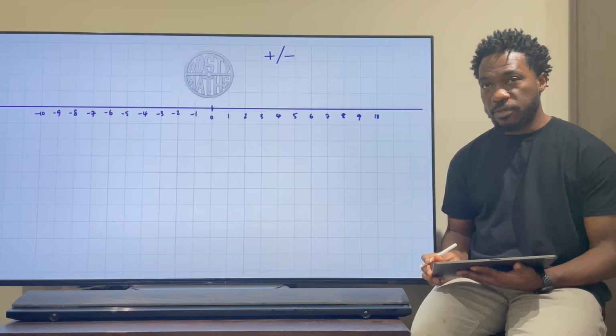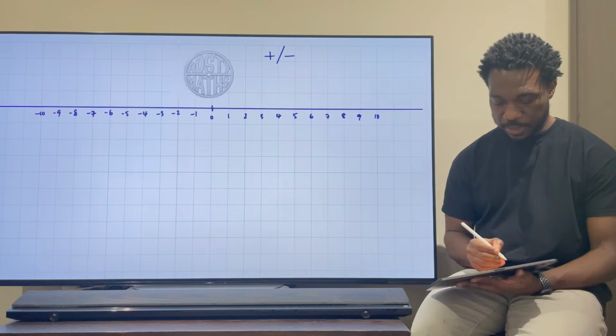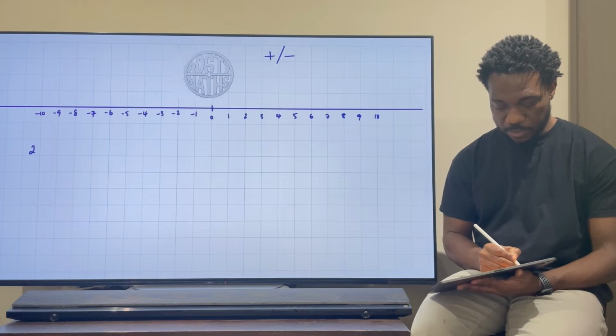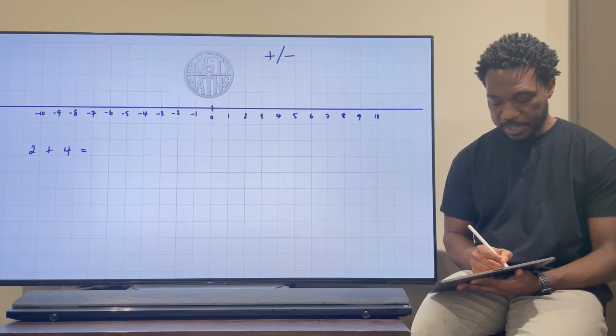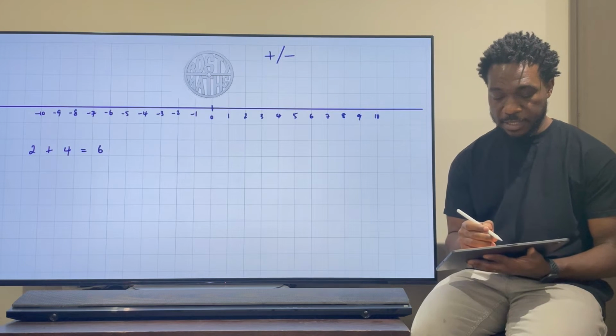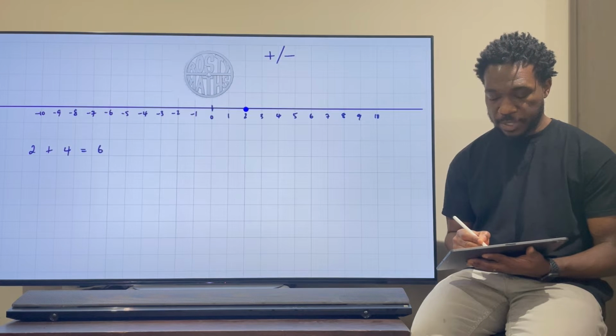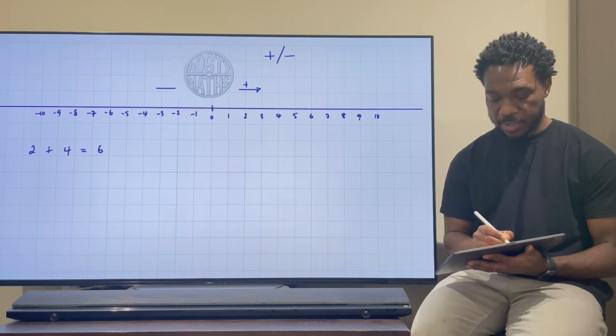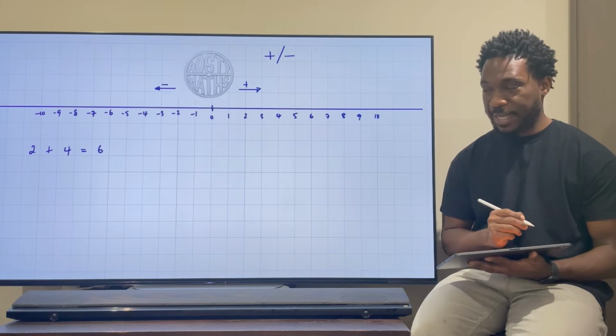So first of all, I want to start with simple numbers. If I add 2 and 4, everybody knows that that equals 6. And that's because on my number line, if I am on 2 here and I add 4, to add I need to go in the right direction, and to subtract I need to go left.